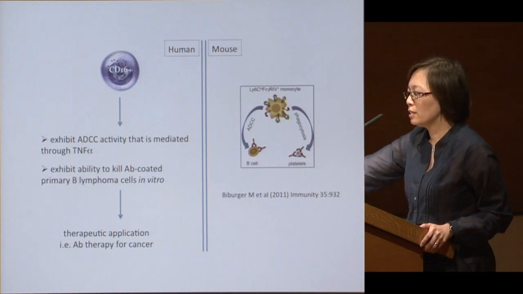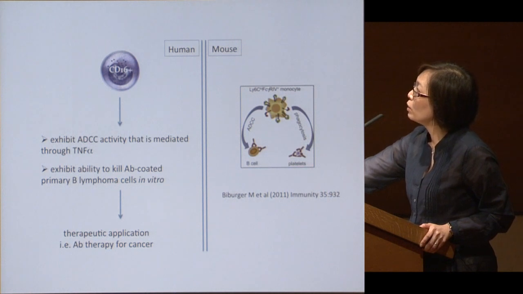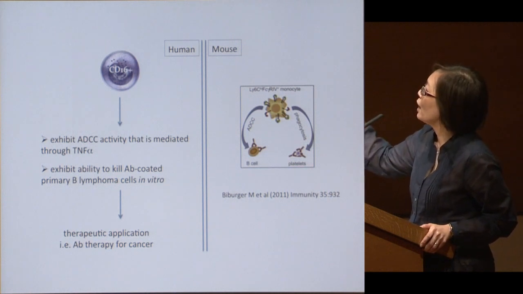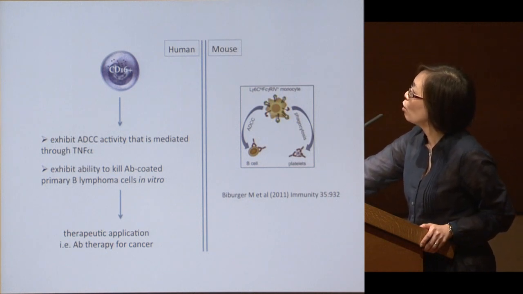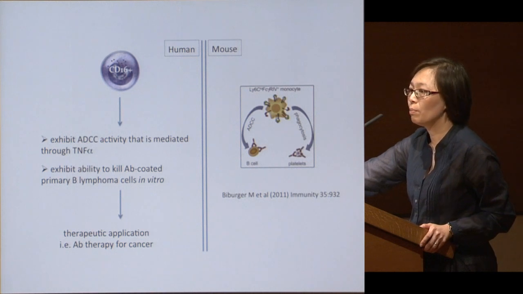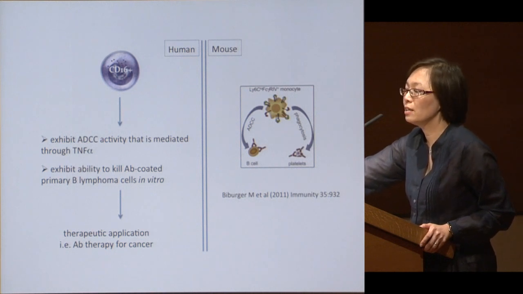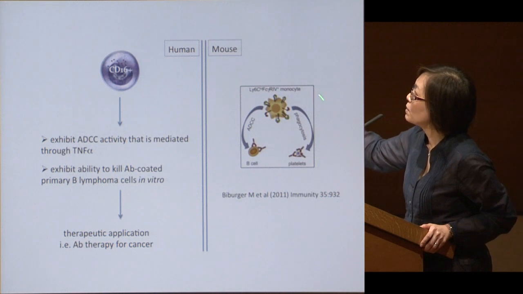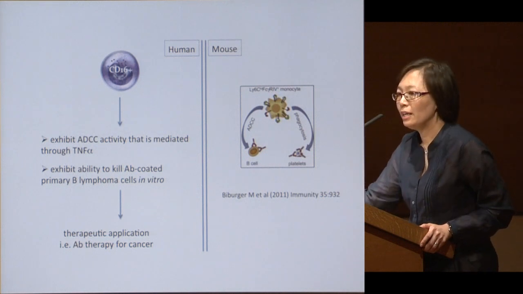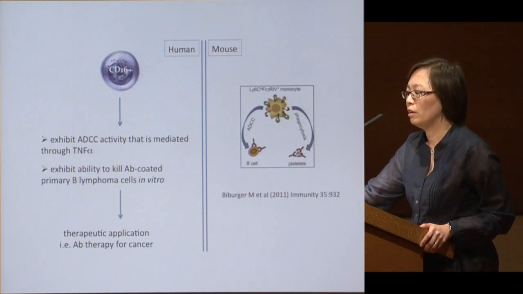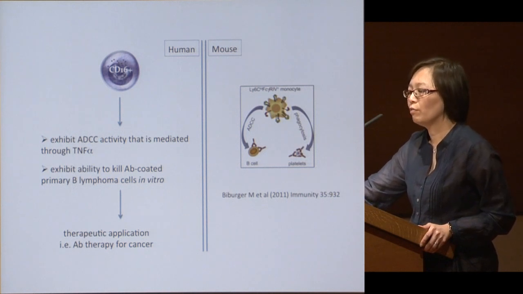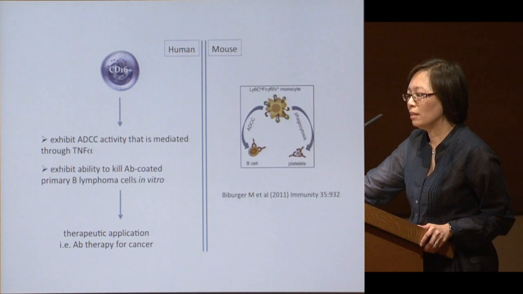It was actually nice timing, showing that even in the mouse model in vivo, this population of monocyte subsets, Ly6C low, Fc gamma R4 positive, which is the homologous population of the CD16 positive monocytes, is the subset that is specifically performing ADCC on antibody-coated B cells, mirroring very nicely what we have described in human settings. So again, indicating the importance of now looking into this subset as well in the setting of tumor treatment.